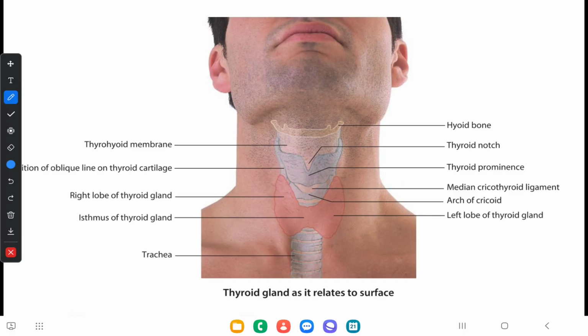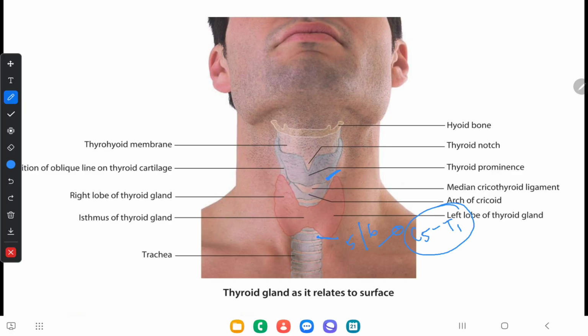The lobes extend from the oblique line of the thyroid cartilage to the level of the 5th or 6th tracheal ring, and this area corresponds to C5 to T1 vertebrae.